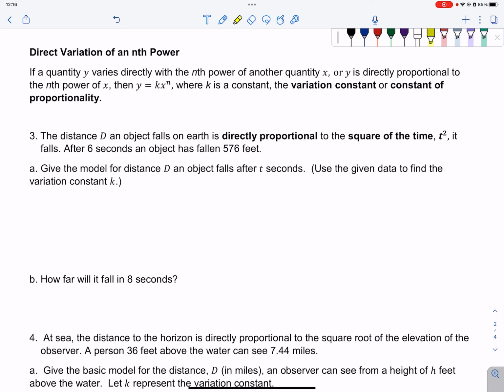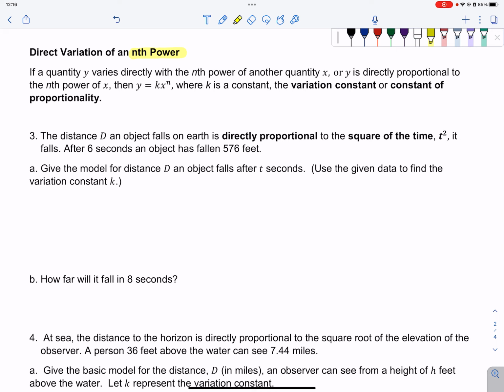So we worked through the example where we had direct variation, meaning y varies directly as x, and we had y equals kx. We also have the case of direct variation of what we call an nth power, where n is just a placeholder for some number.